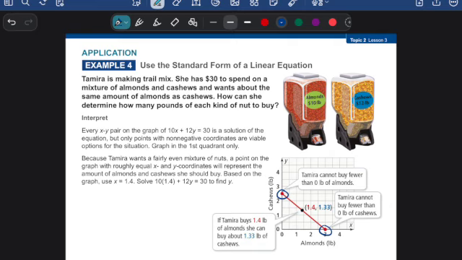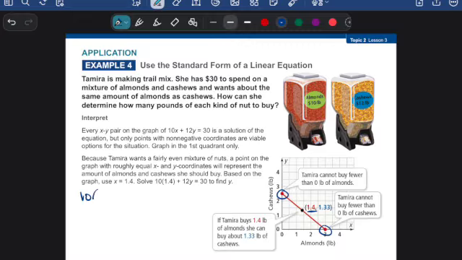Looking at our graph, we want to find where the value for x and the value for y are about the same. So if I'm looking at 1.5, it doesn't quite go up to 1.5, maybe a little bit less. So if I go to 1.4, it looks like it might be close to that, a little bit less than 1.5 for my y value. So let's choose an x value of 1.4 and plug it into our equation.